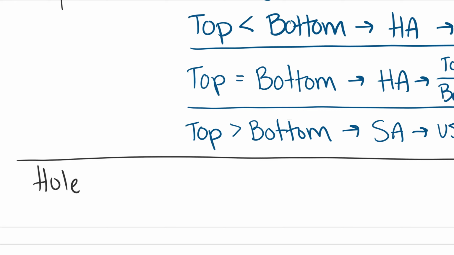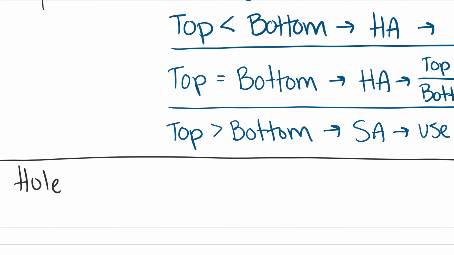So to find the hole in my graph, when you factor and simplify, not always, but oftentimes, you will end up having to cross out some parentheses, right? If I ever have anything crossed out, I'm going to take what I crossed out and set it equal to 0. Okay?